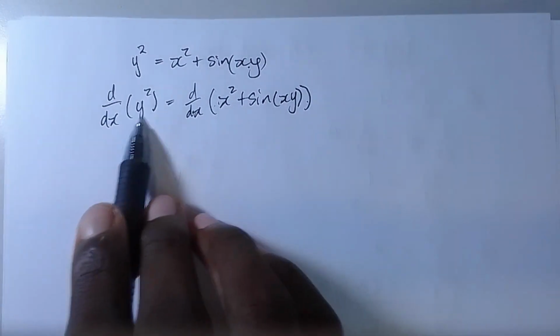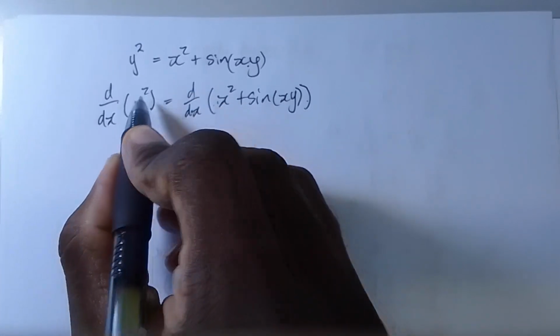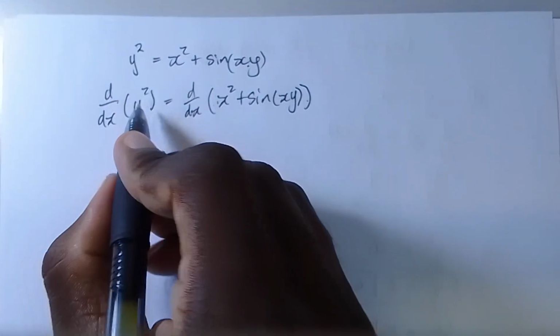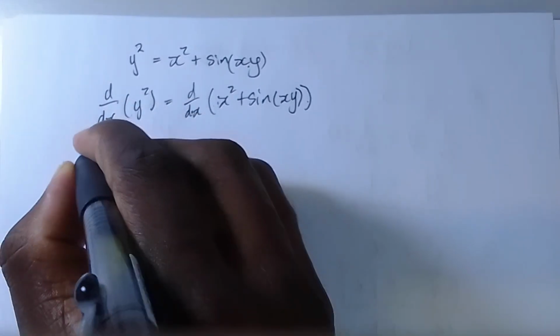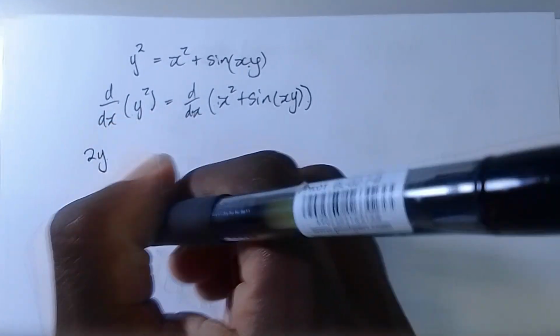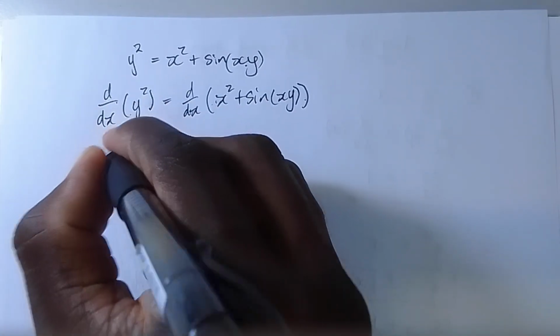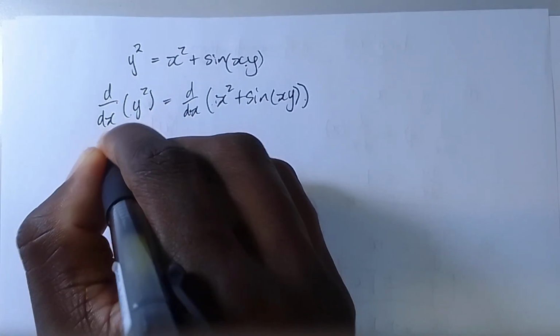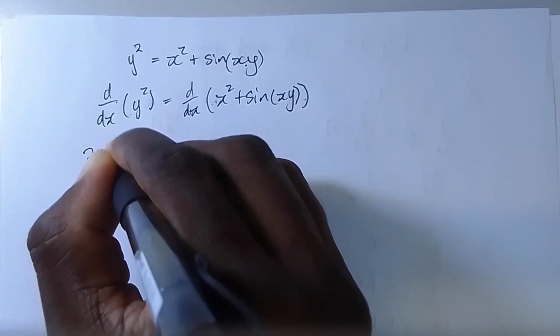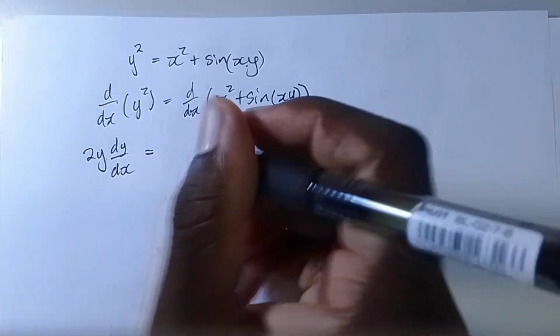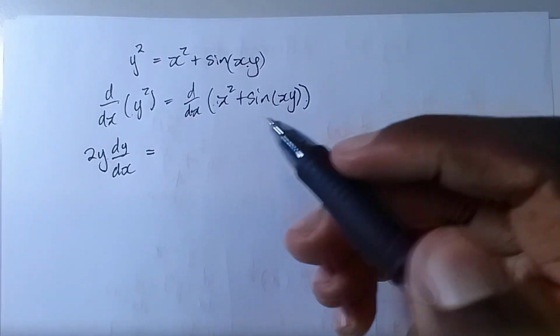Now let's start with this side. Once again, we have y squared. If you have y squared, you differentiate the outside, so you have 2y. And then you differentiate the inside. When you differentiate the inside, which is just y, that will give you dy/dx, which is the derivative of y with respect to x, because we don't know the exact value of it.